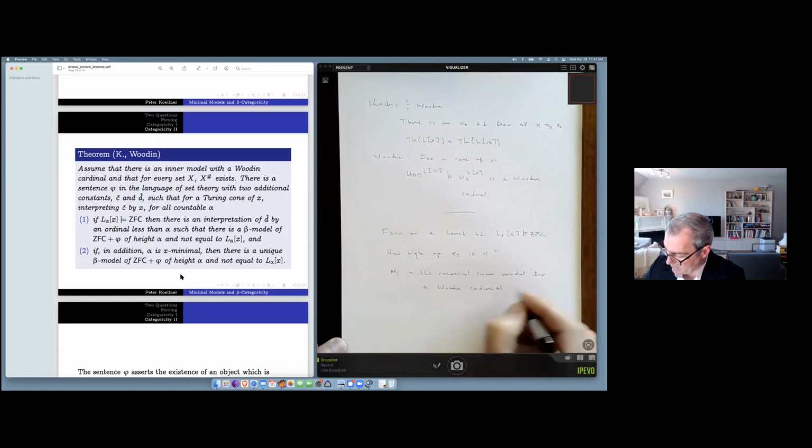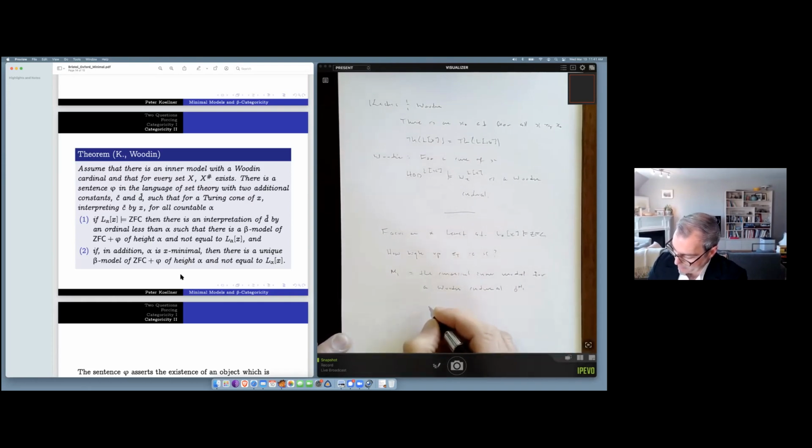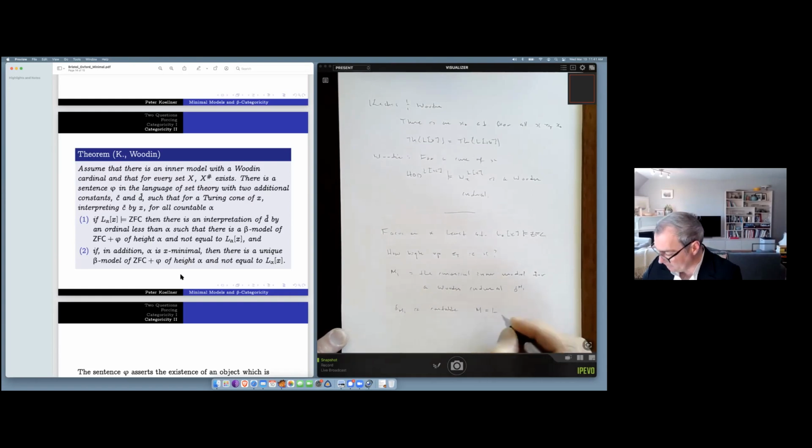And I'll write delta of M1 for the Woodin cardinal, and delta of M1 is countable. And M1 has the form L of M1 cut to delta of M1.